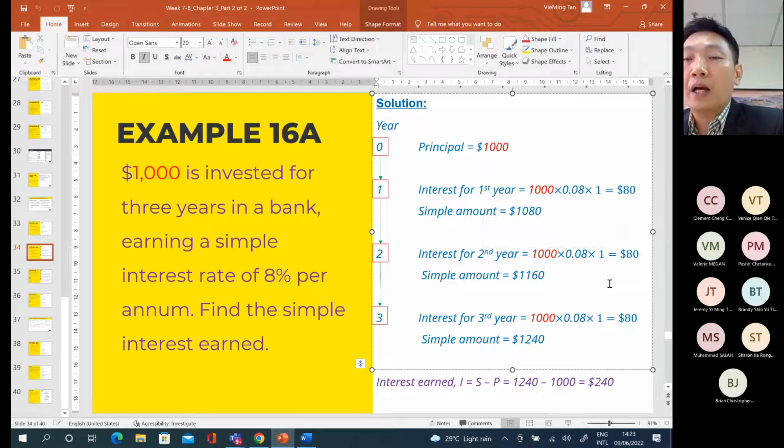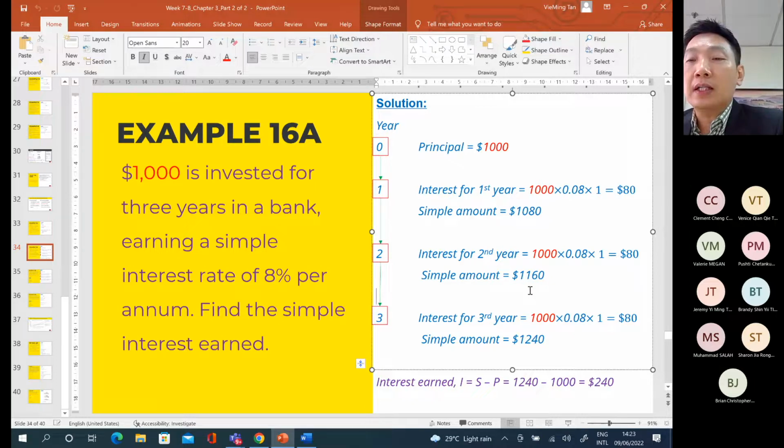So what is the accumulated amount at the end of year 2? The answer is 1080 plus 80, so we get 1160. So 1160 is the accumulated amount at the end of year 2. Now we move to year 3.